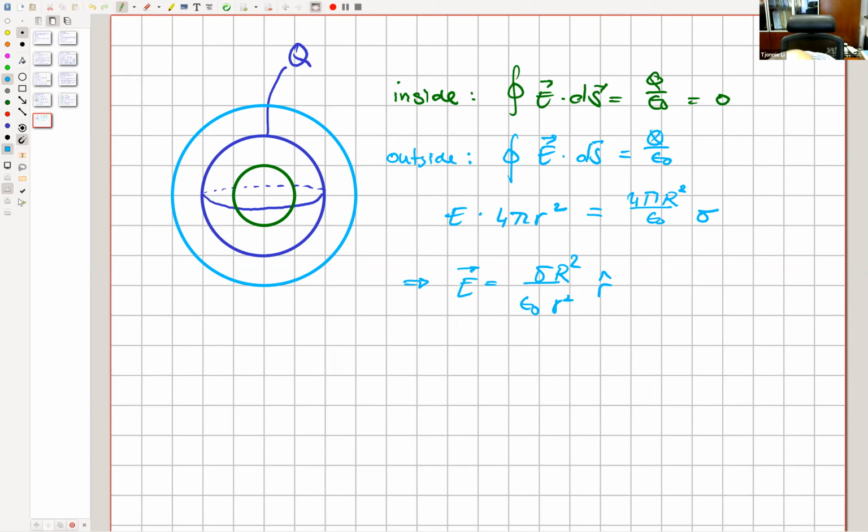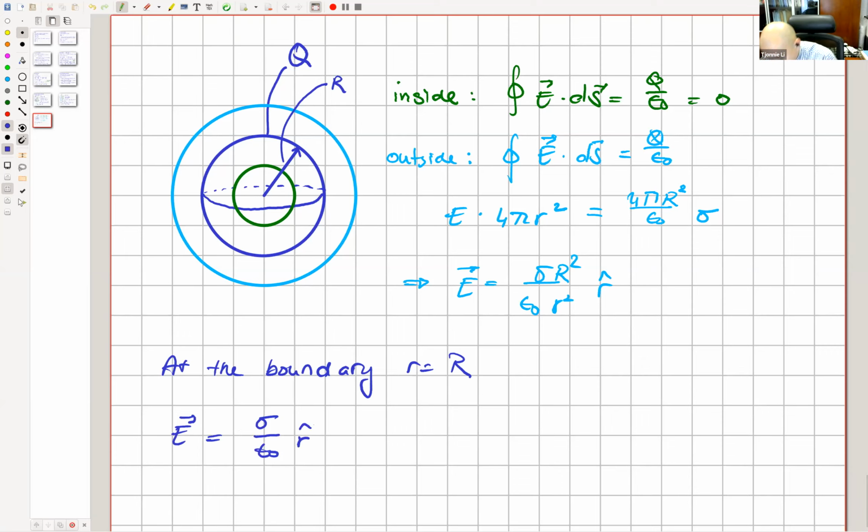And so now, if I take a look at the boundary, r equals big R, and indeed this here, big R, at the boundary, I know that E equals sigma over epsilon naught in the R direction.